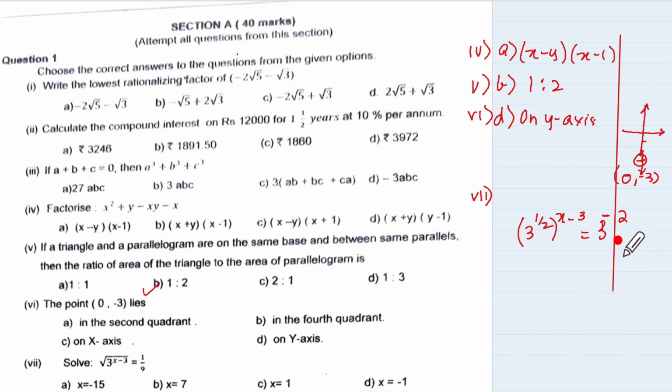Okay, now equating the exponents, you will have x minus 3 upon 2 is equal to minus 2. So x minus 3 equal to minus 4. So x will be equal to minus 1. Where is minus 1? Here it is. So it is your D option, and we'll say minus 1 here.